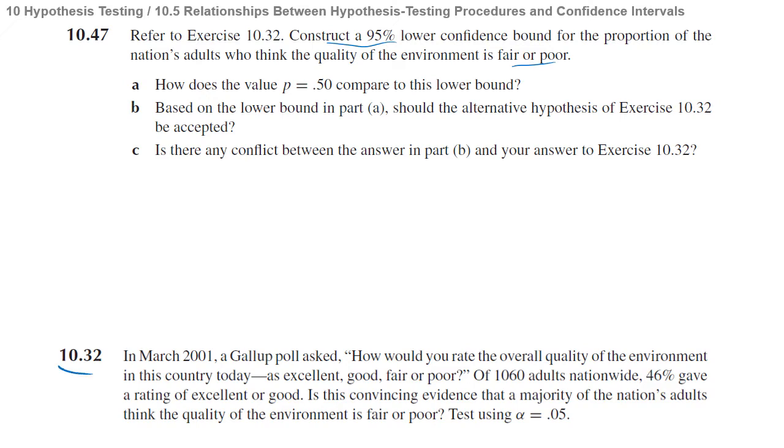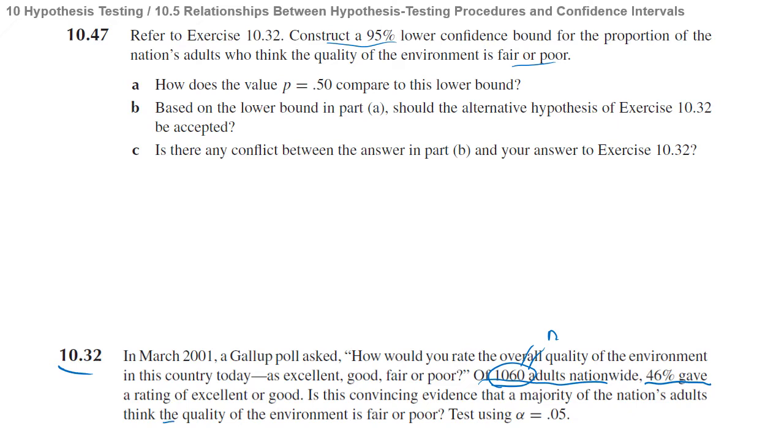In March 2001, a Gallup poll asked how would you rate the overall quality of the environment in this country today, as excellent, good, fair, or poor. We have 1060 adults, this is our N, and 46% gave a rating of excellent or good. Is this convincing evidence that a majority of the nation's adults think the quality of the environment is fair or poor?